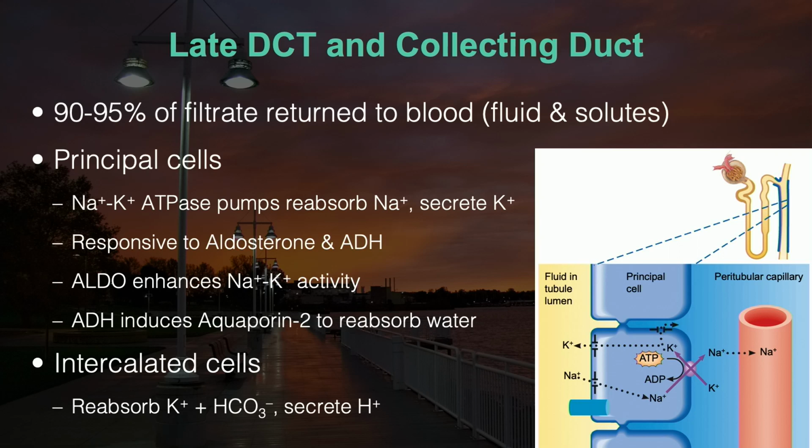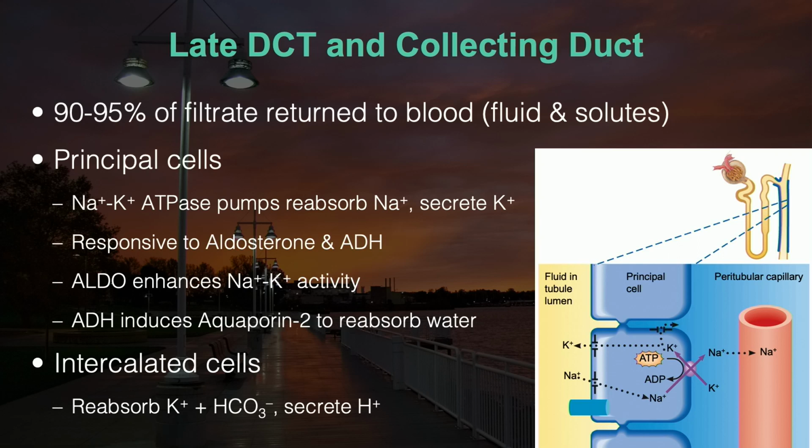So the intercalated cells are involved in acid-base balance, where they can reabsorb bicarbonate and secrete protons, H+, to reduce acidity. And they're one of the only sites where we get a significant reabsorption of potassium. Until now, potassium's just been leaking out, not being reabsorbed.